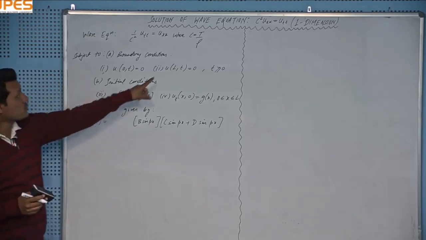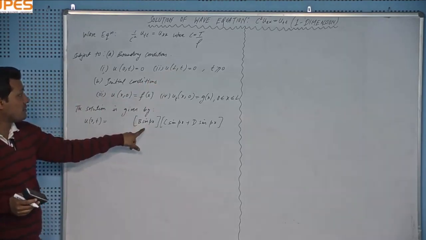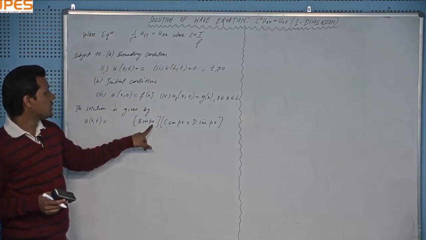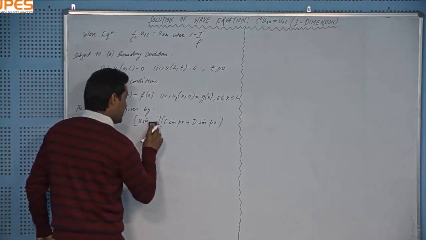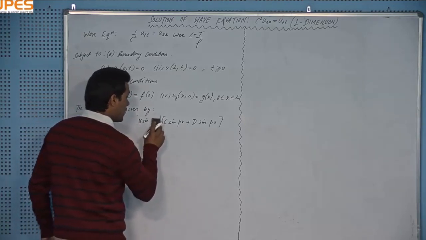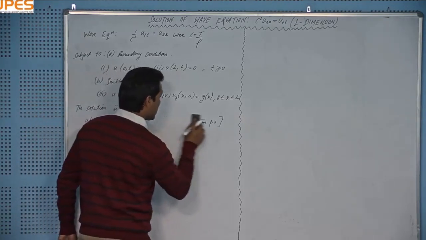Then on imposing the other condition on this solution, I would get p = nπ over capital L. Let me write it directly, as we have already discussed this in our last video.